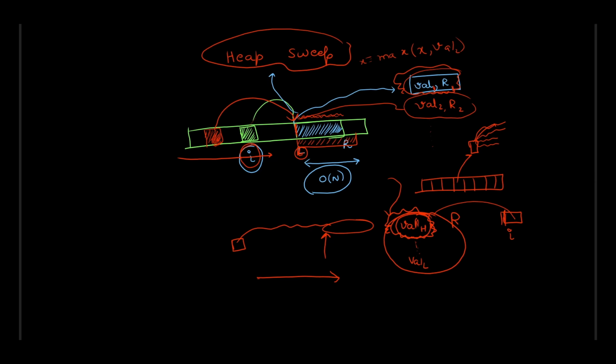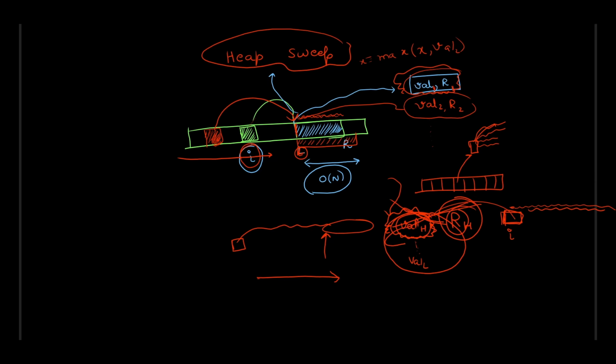When RH, which is the right endpoint for this highest valued element, is less than i, it means it cannot provide contribution to i. But notice that it also means that it cannot provide any contribution to the future elements on the right, because if it is not capable of reaching over here, then of course it will not be capable of reaching the right hand side. So that is why you can completely remove it from the heap altogether.